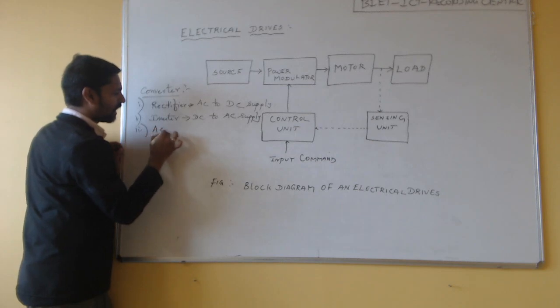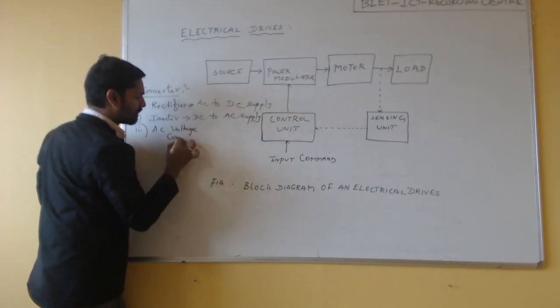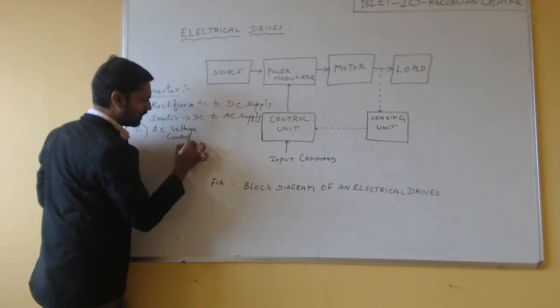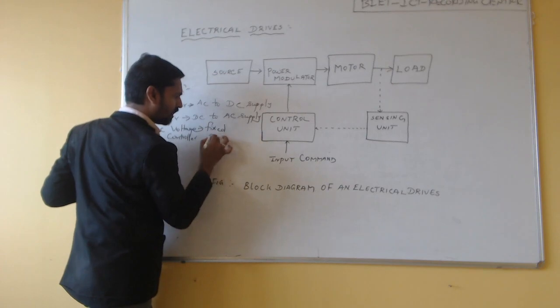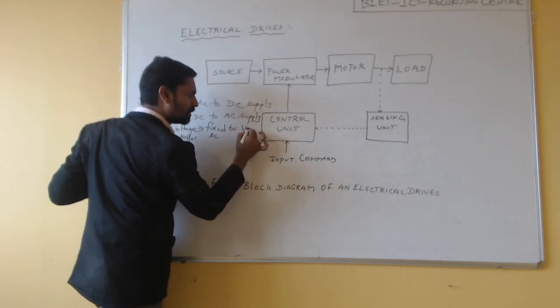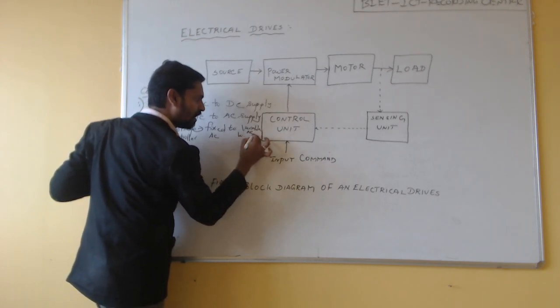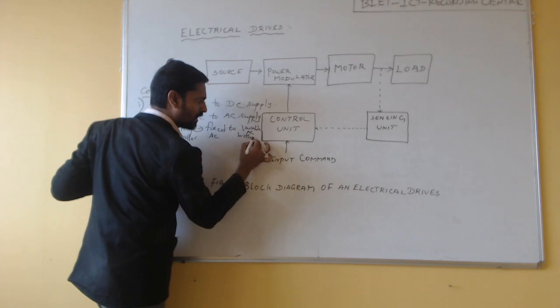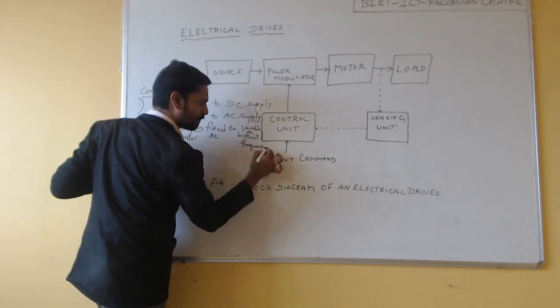Third one is the AC voltage controller. The AC voltage controller will convert the fixed AC into variable AC without changing the frequency. So here the frequency value will be the same.